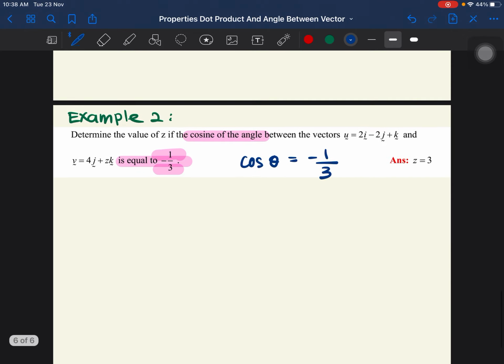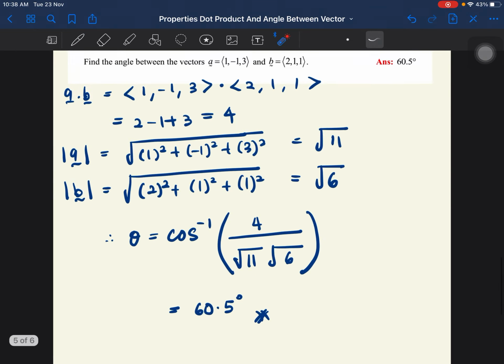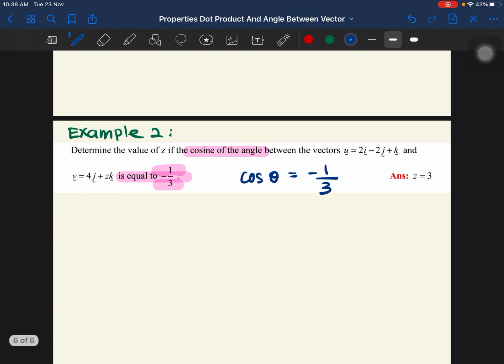Okay, by applying this, you basically have A dot B is equal to magnitude of A multiplied by magnitude of B cos theta, isn't it?